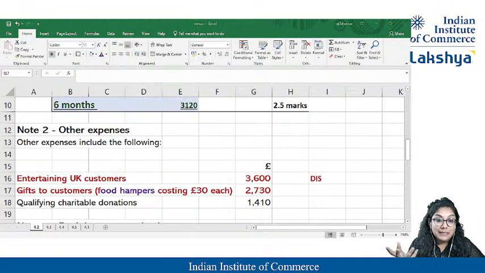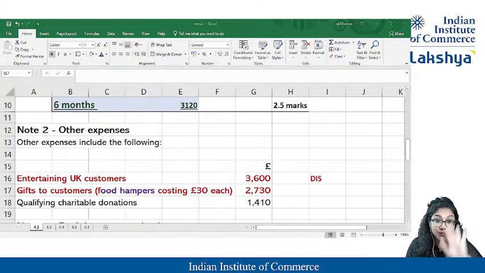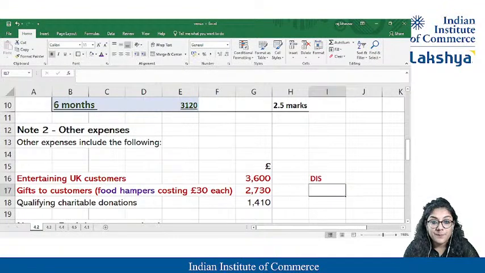If you are getting any gifts with a value less than 50 pounds, it's okay. But if it goes beyond 50, it's not allowed. If any company's names are associated with these things, then too it is disallowed. So if you are getting anything beyond 50, students, it is disallowed. So what I'll do over here is disallow the things.